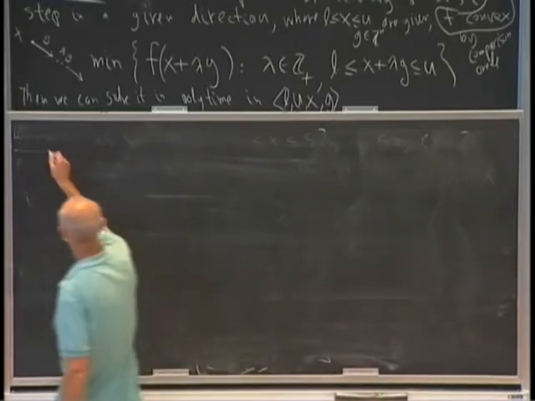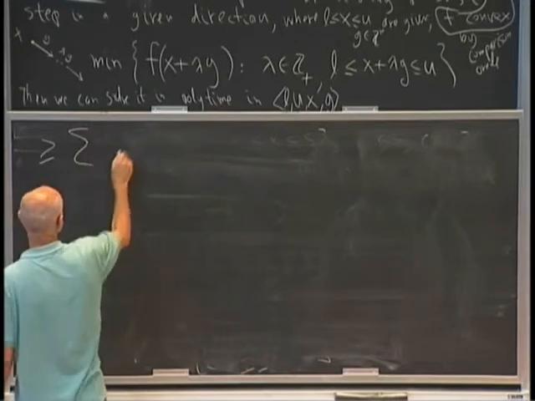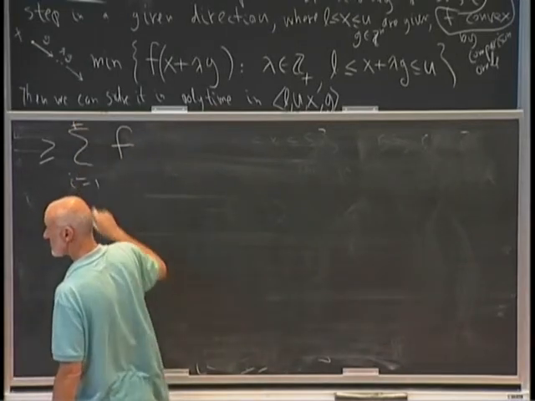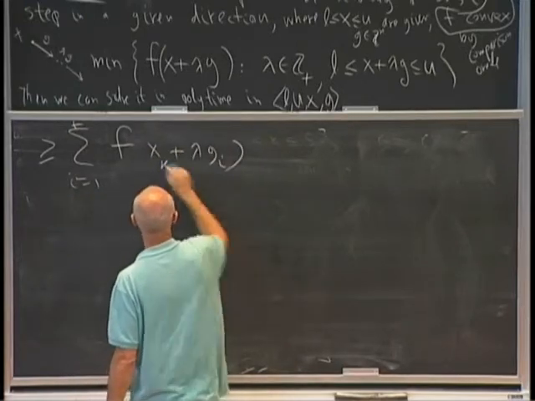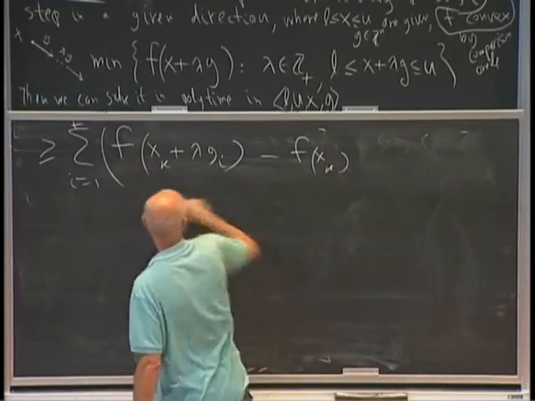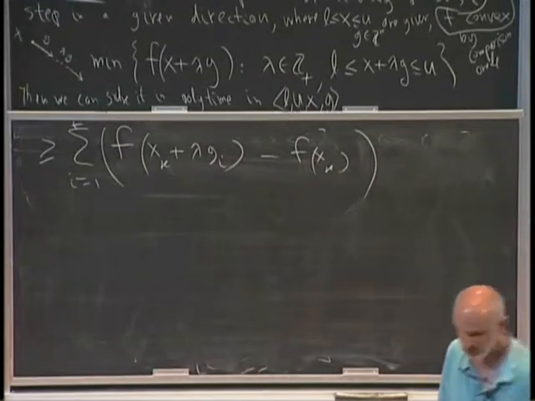So then by the supermodularity, I get this inequality here that this is greater or equal than the sum of these differences, f(x_k plus lambda_i g_i) minus f(x_k). And now, I am a little bit running out of time.